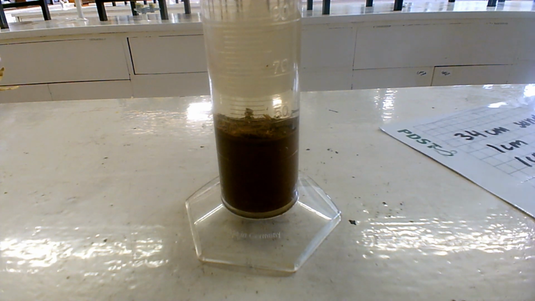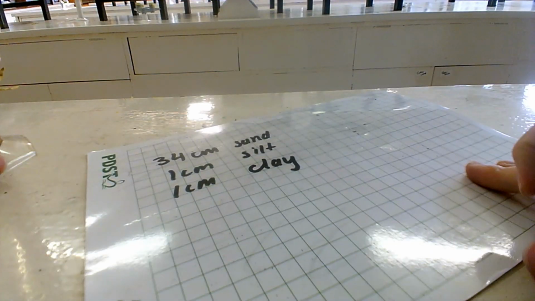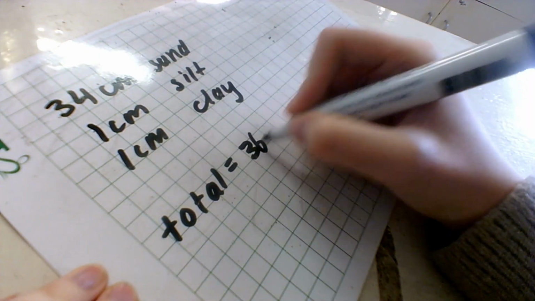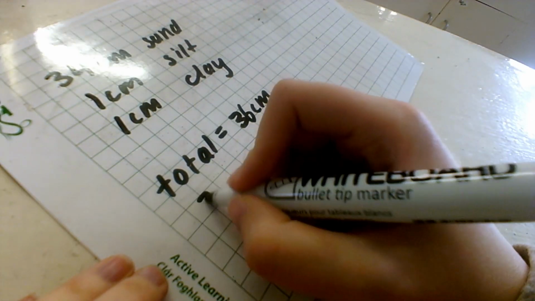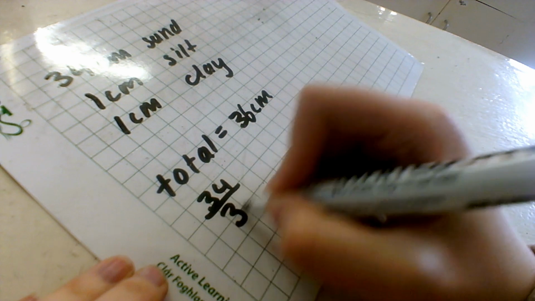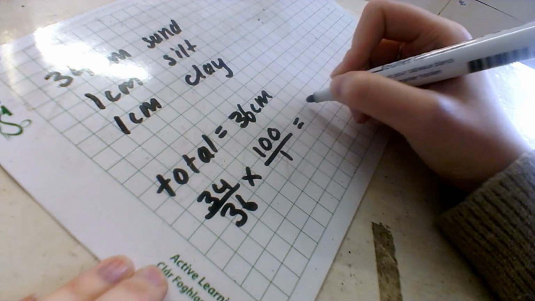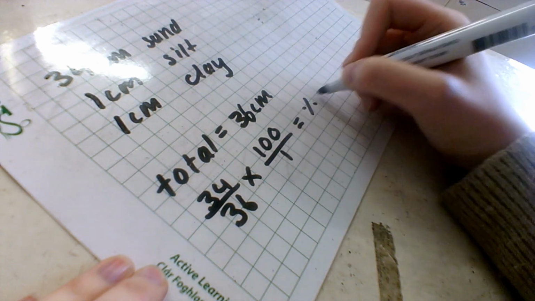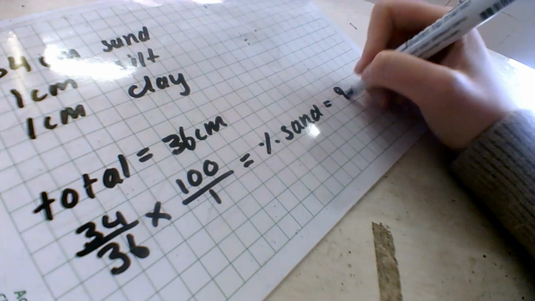So then what I need to do is find a percentage of these based on my overall amount. So obviously the total is equal to 36 centimetres. For sand, I'm going to put 34 over 36 and multiply by 100 over 1. This is going to equal my percentage sand, which is 94%.